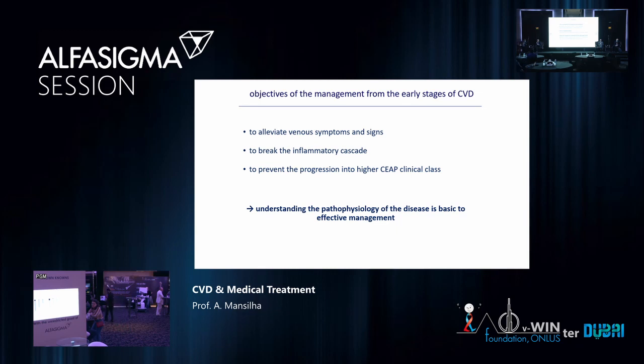We are aware that the objectives of the management from the early stages of chronic venous disease includes to alleviate venous symptoms and signs, to break the inflammatory cascade, and to prevent the progression into higher CEAP clinical class. But for this, it is crucial to understand the pathophysiology of the disease.